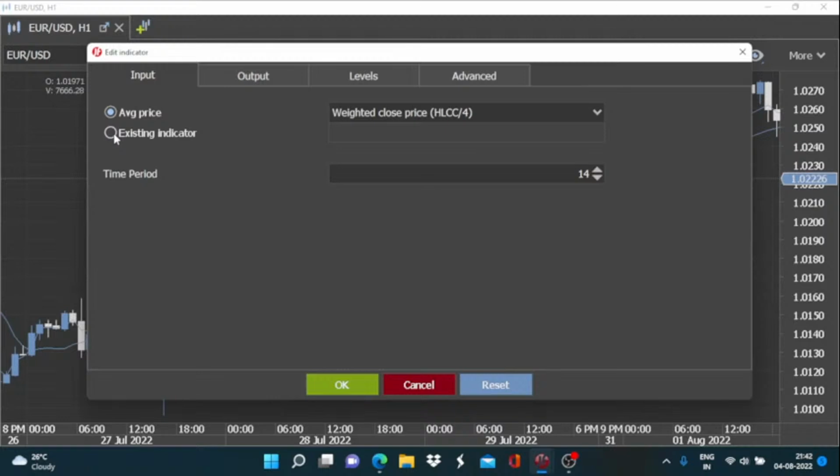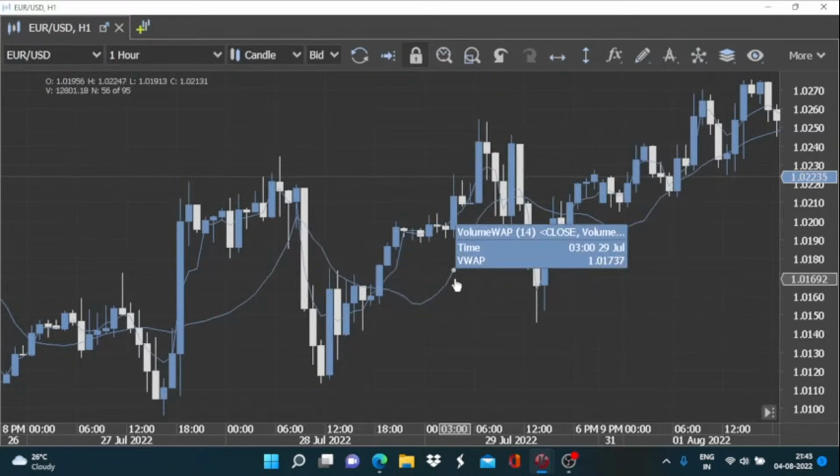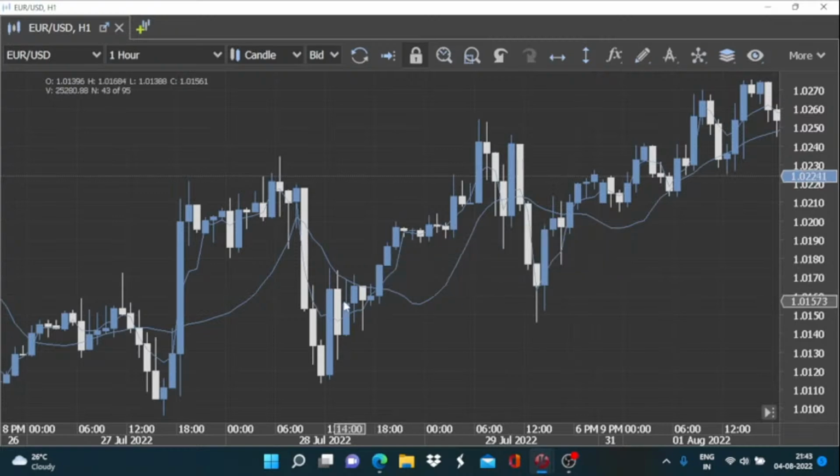Now if we want to use the existing indicator's output value as the input value for this indicator, instead of taking the closing price of that underlying instrument, if I shift it to the existing indicator, then we will have a lot more smoothing in terms of this plotting of the volume weighted average price.